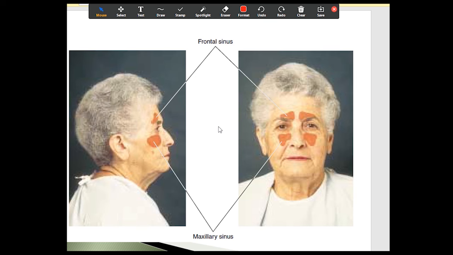Checking the nose. Certainly we can use a special kind of scope to look inside the nasal cavity, but for physical examination, basically we check the sinuses. We have 4 pairs, but basically we can only check 2 pairs on the superficial body: 1 pair is the frontal sinuses, and 1 pair is the maxillary sinuses. That's where they are located.